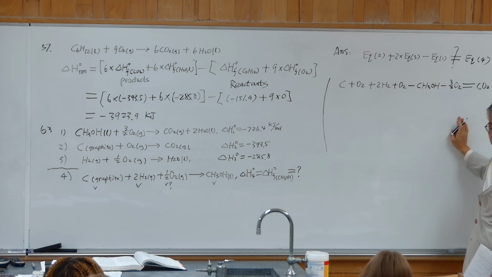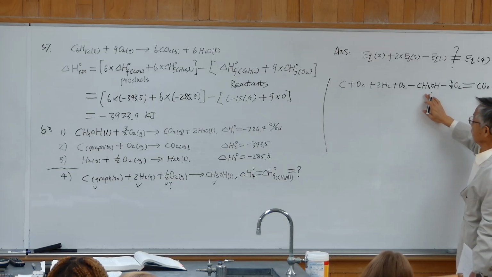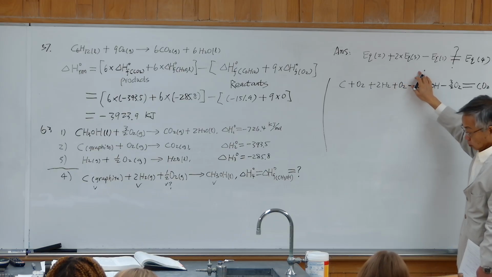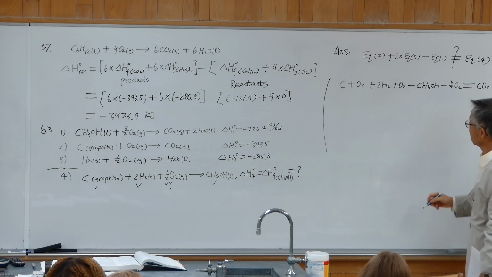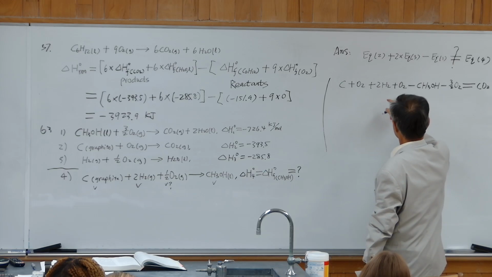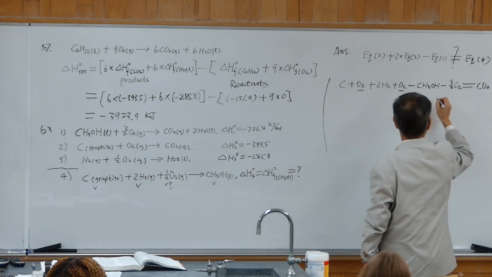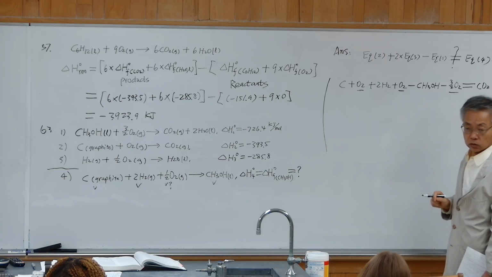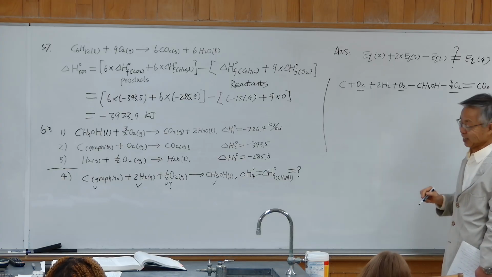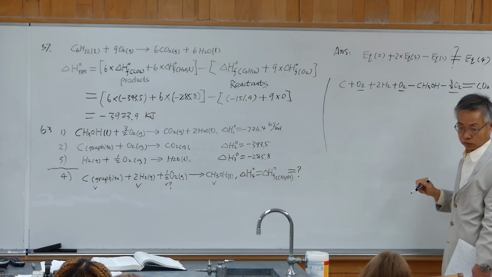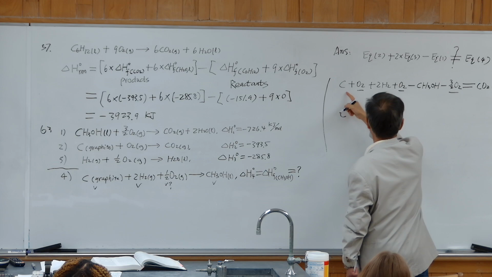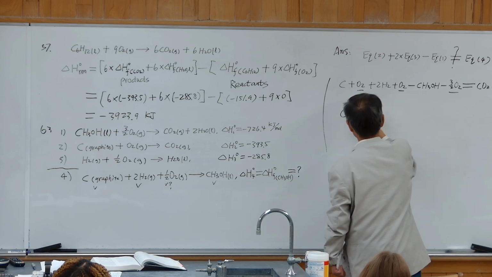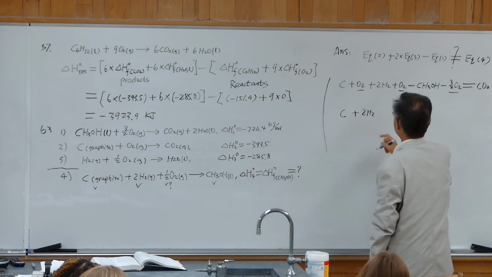Now just simplify to see if this gives you the target reaction, equation 4. You find O2 and 3/2 O2: 2 O2 minus 3/2 leaves 1/2. So on the left side, carbon 1, hydrogen 2, nothing can combine.